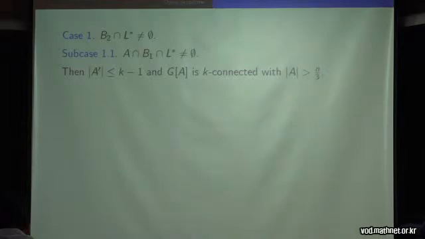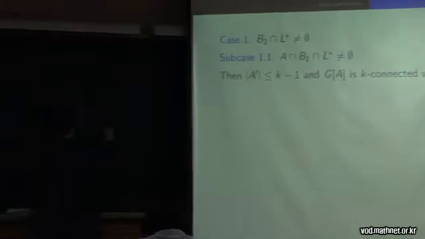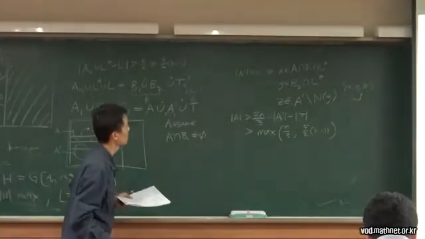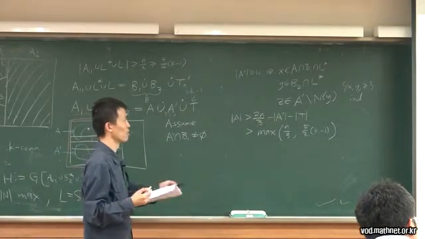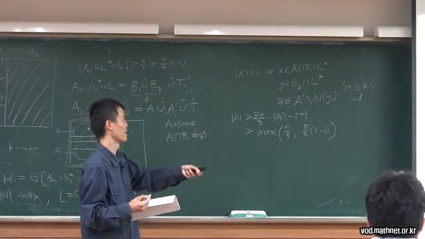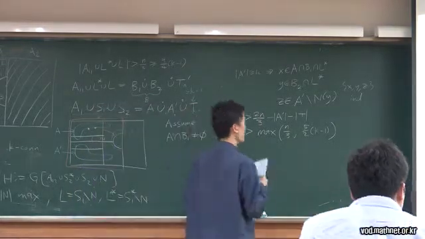So that is, in fact, I put max n over 3, 5 over 2, k minus 1. Right, so we have this part, and let's see that this thing is k connected.